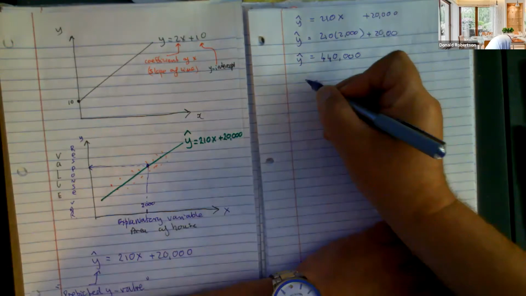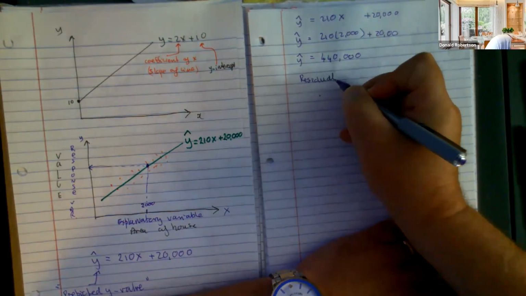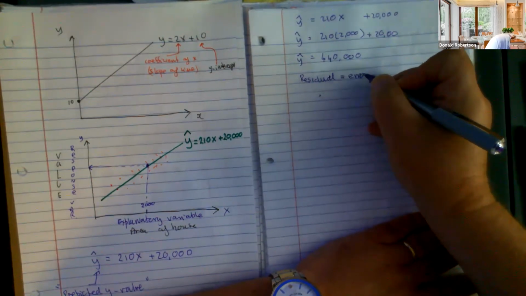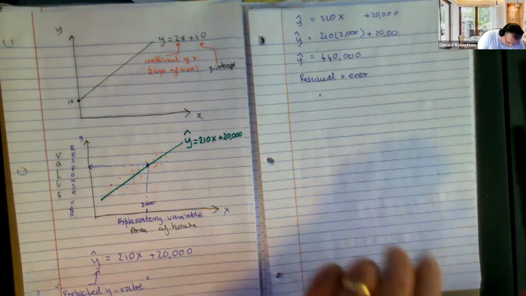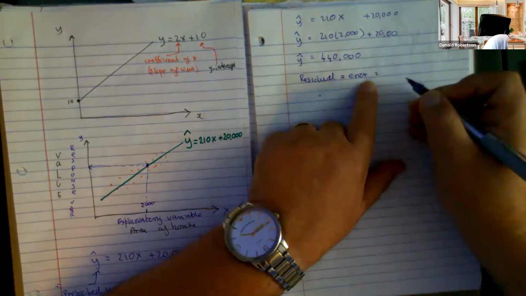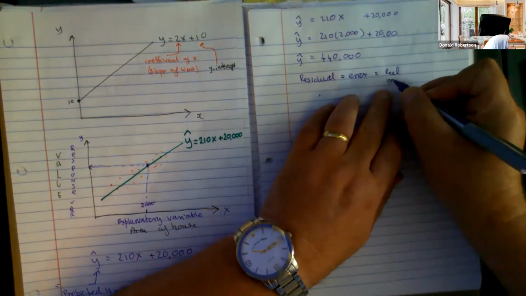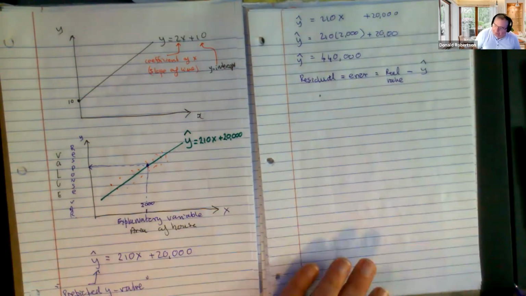So we have a thing called the residual. The residual is essentially the error. So let's suppose this person actually sold their house, right? Now, the error is the real value that they sold it for, take away the predicted value, right?